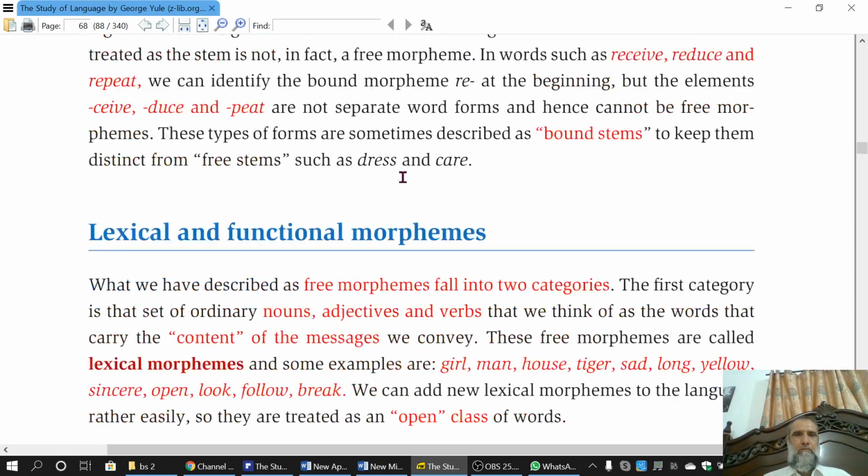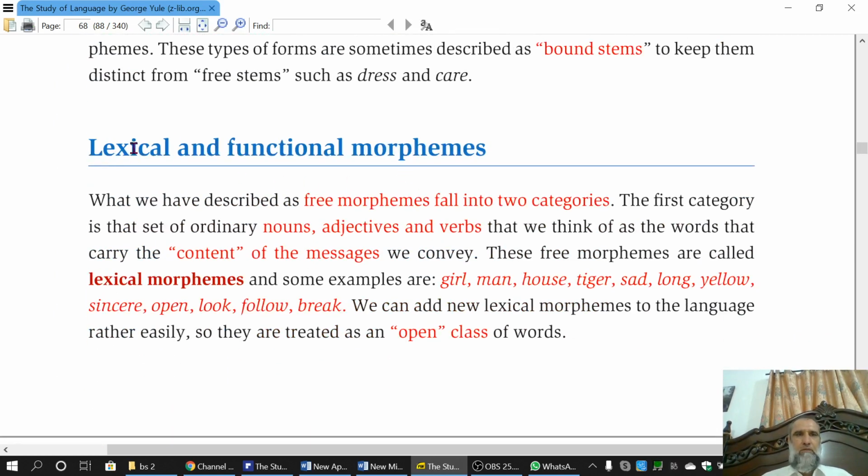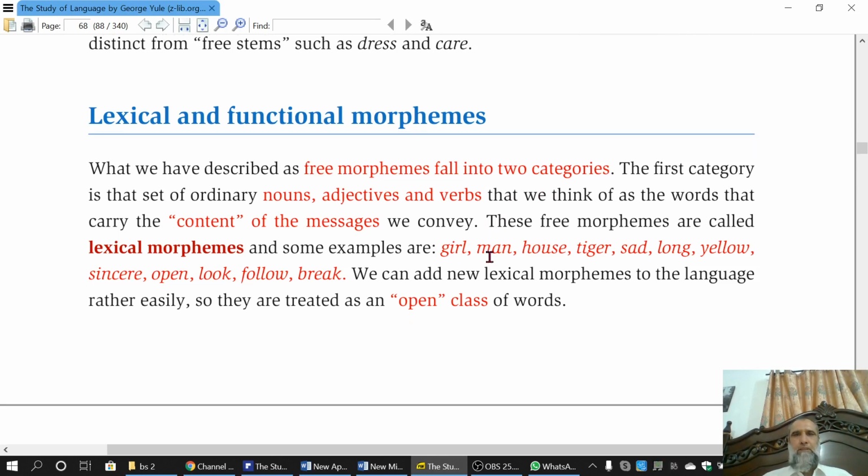Now, we discussed these are also free morphemes, so we say that those morphemes which are free, which can stand alone, have two types. One type consists of nouns, adjectives and verbs.